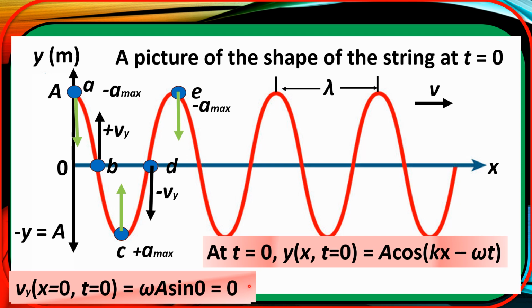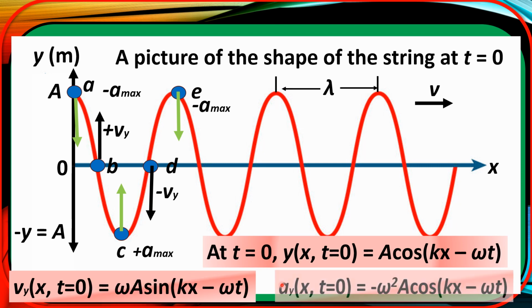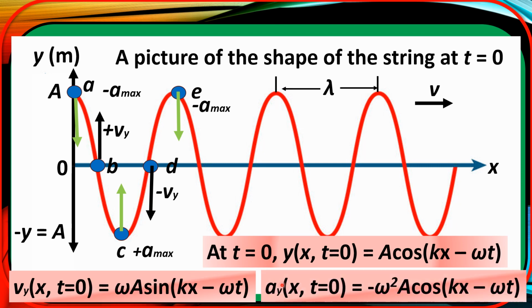And last but not least, we also have the corresponding equation for determining the transverse acceleration a sub y. The formula is simply a sub y equals the negative of the square of the angular frequency omega multiplied by the amplitude capital A and the cosine of the phase angle quantity kx minus omega t.